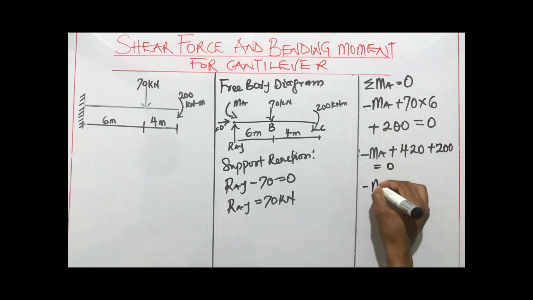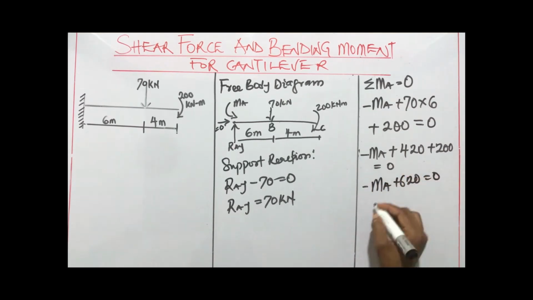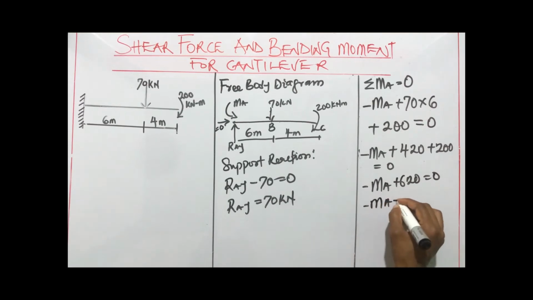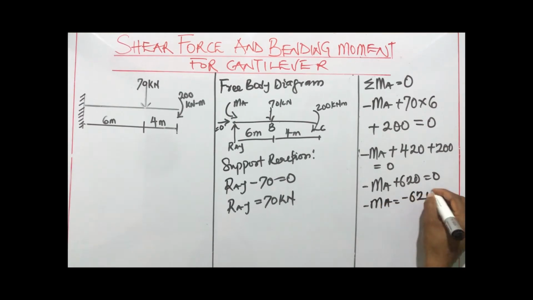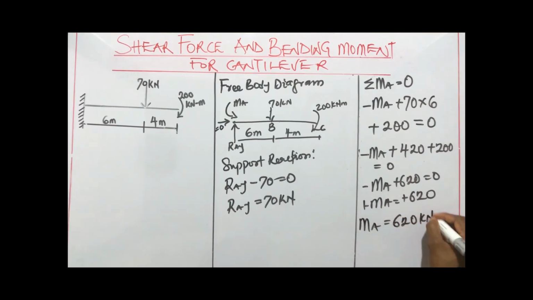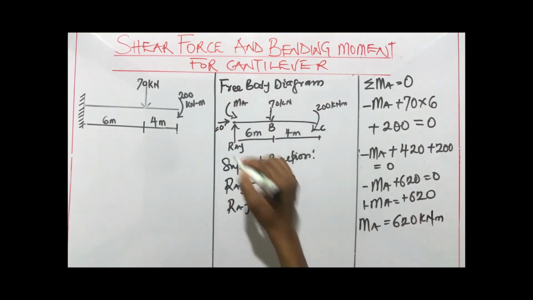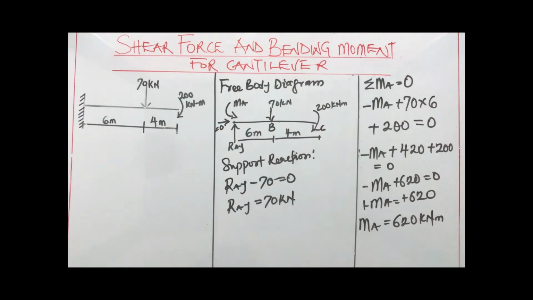We have minus MA plus 620 is equal to 0. Therefore, minus MA is equal to minus 620, so the minus will cancel out. So MA is equal to 620 kilonewton meter. But looking at the question, MA is an anti-clockwise moment, so the moment is a negative one.